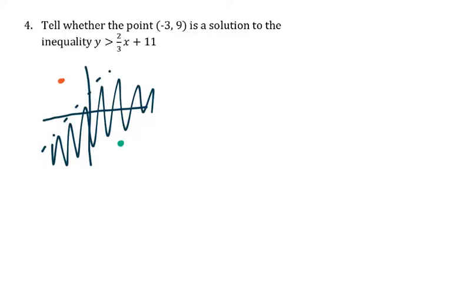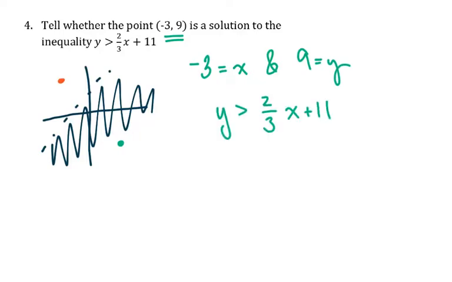But you can also solve this algebraically, because if we're looking at an ordered pair, what this tells us is that -3 is equal to x, and 9 is equal to y. And since we have an equation with those, we can substitute those in. So using the equation, replacing our y, we get 9 versus 2/3 x plus 11, which is -3 plus 11.